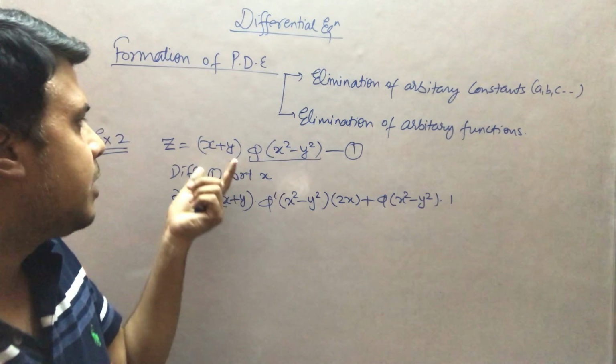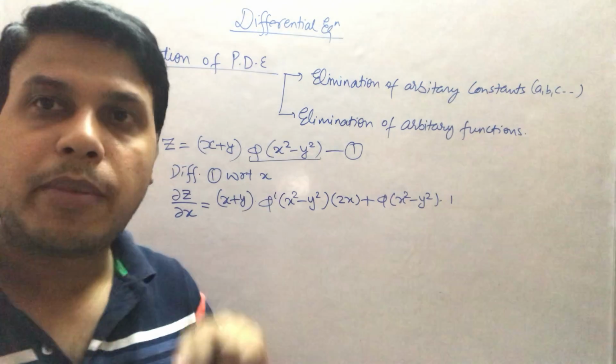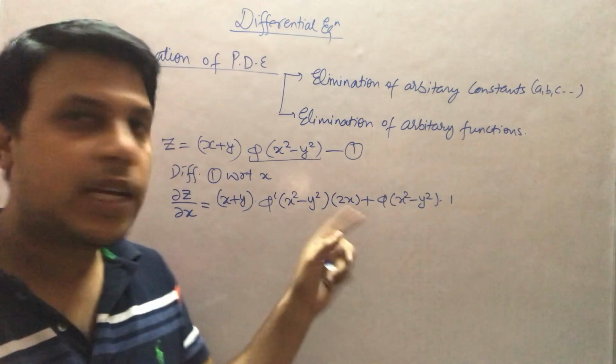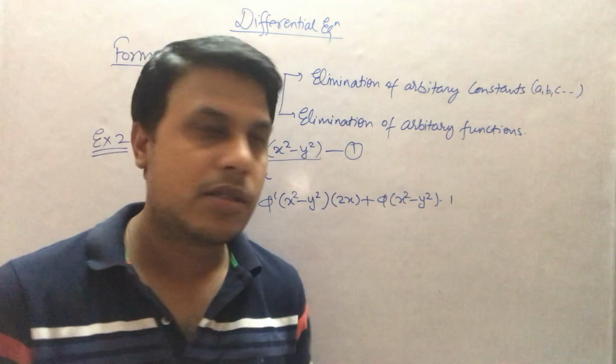The differentiation of x plus y with respect to x will be 1, then the differentiation of phi of x square minus y square will be phi prime of x square minus y square, and the differentiation of x square will be 2x.